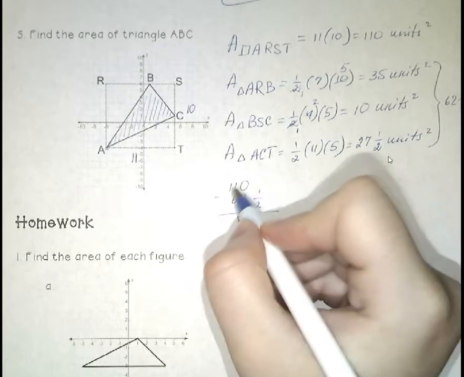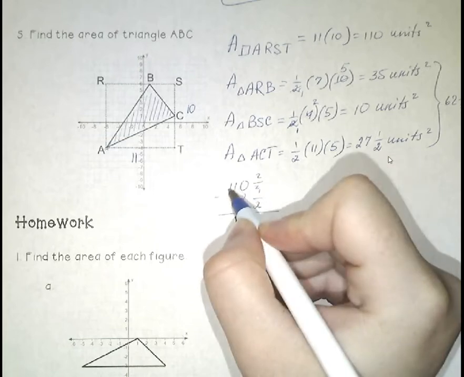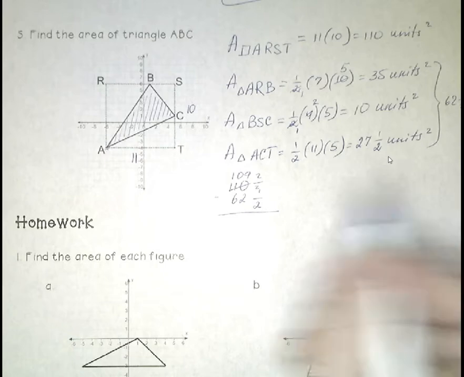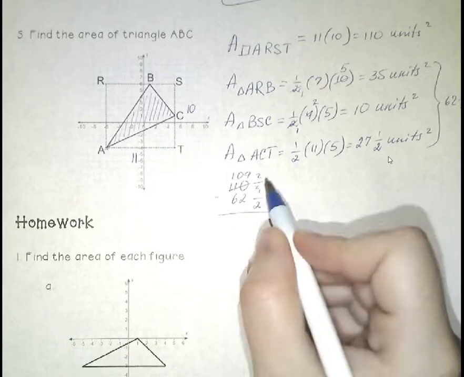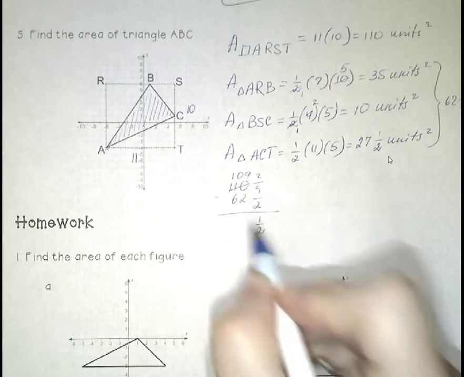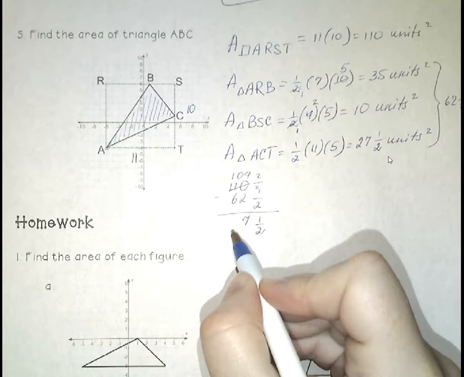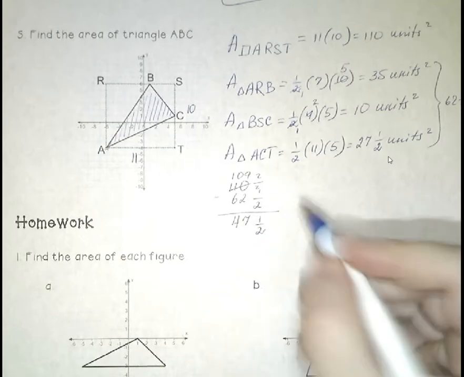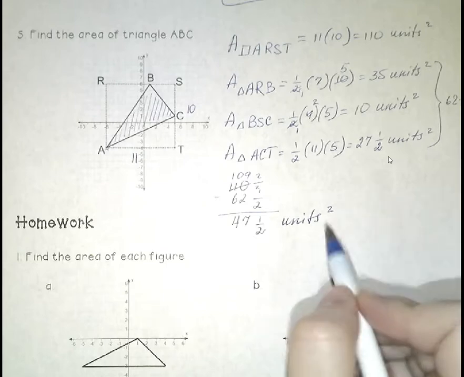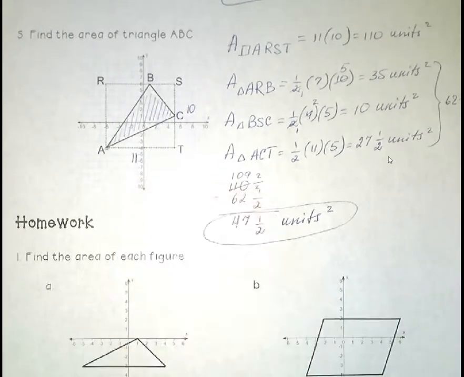Okay, so here we are borrowing the 1, right, and turning it to 2 halves. It's 109 now. 2 halves minus 1/2 is 1/2. 9 minus 2 is 7. 10 minus 6 is 4. 47 and 1/2 units squared. That is the area of our triangle ABC.